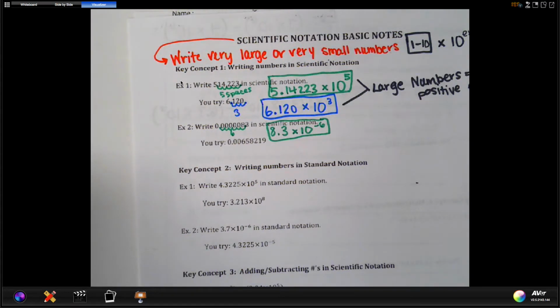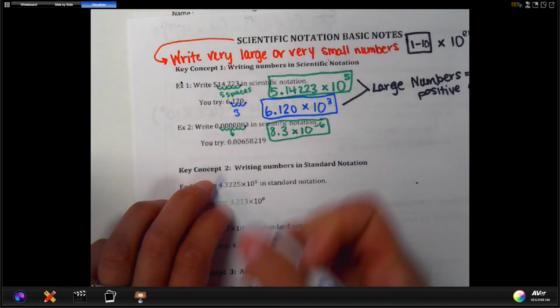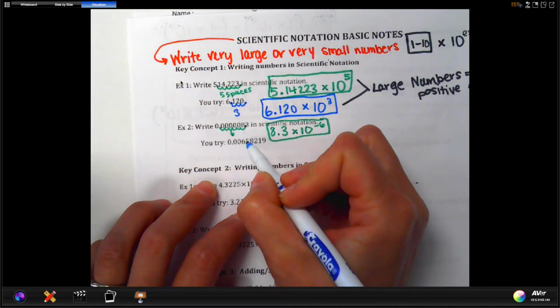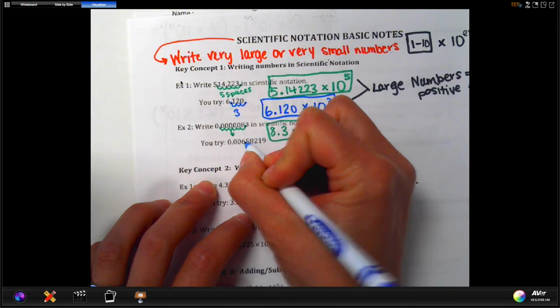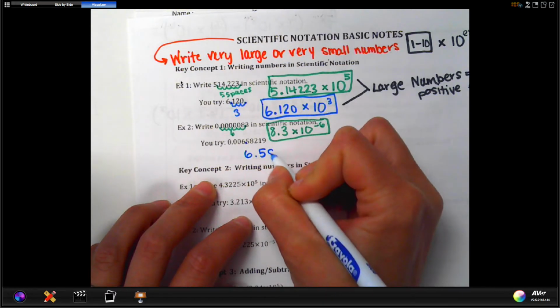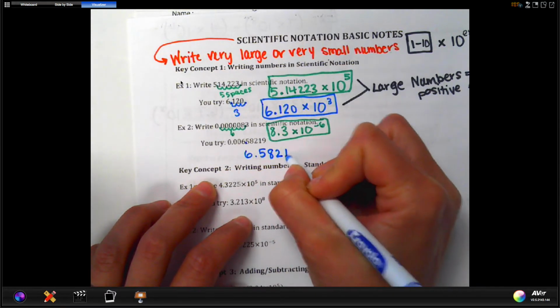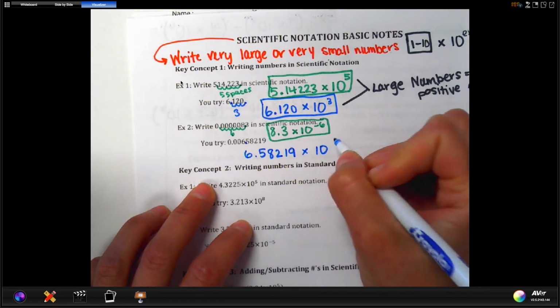Okay, try it again. On this try, we've got a decimal that's already there. We need to move it so that it is behind the first number that's not a 0, so behind this 6. And so we have 6.58219 times 10 again, and count the number of spaces.